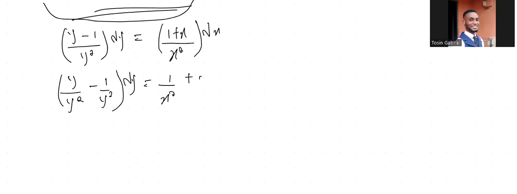All right, now we can simply say that y over y squared minus 1 over y squared dy is equal to 1 over x squared plus x over x squared dx rather. Now here you are going to have 1 over y minus 1 over y squared dy equals 1 over x squared plus 1 over x dx.